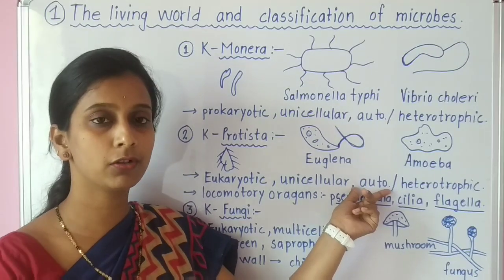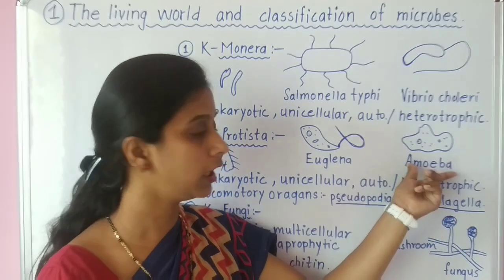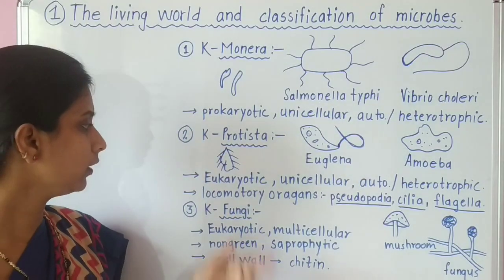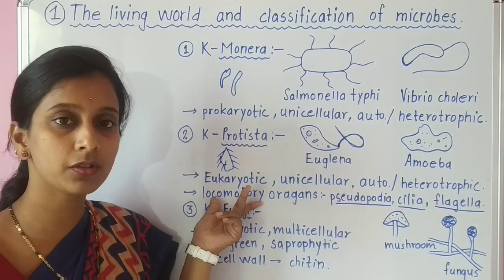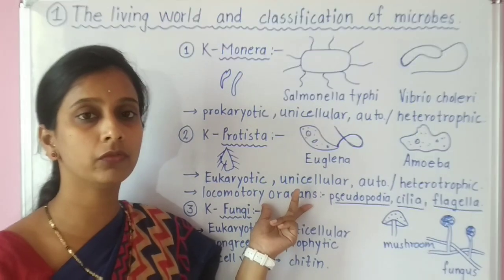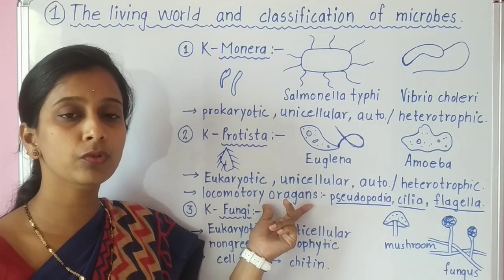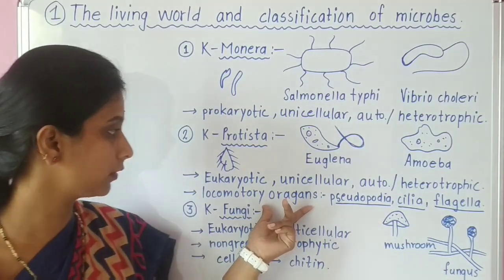An example of an autotrophic organism in this group is Euglena, whereas amoeba is heterotrophic. The next very important feature of this group is the presence of a locomotory organ. What is meant by locomotion? Movement, moving from one place to another.